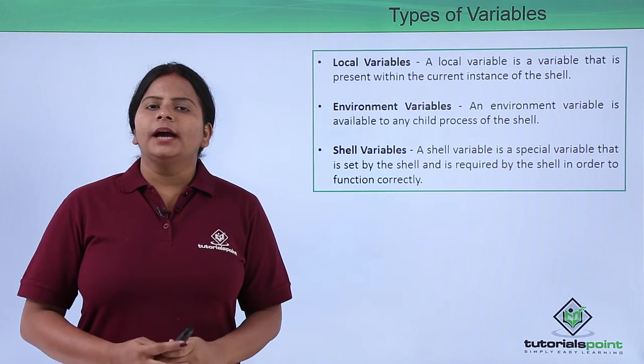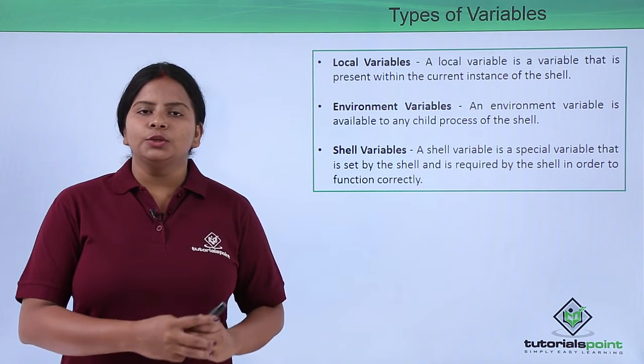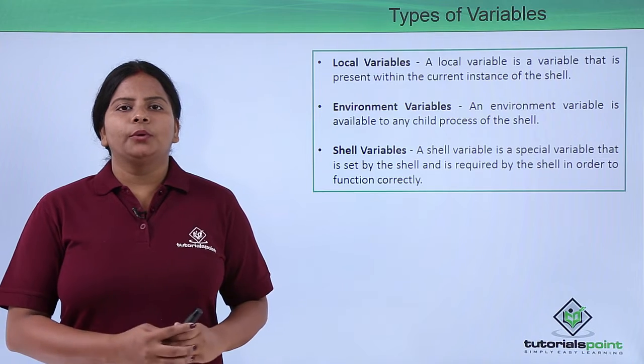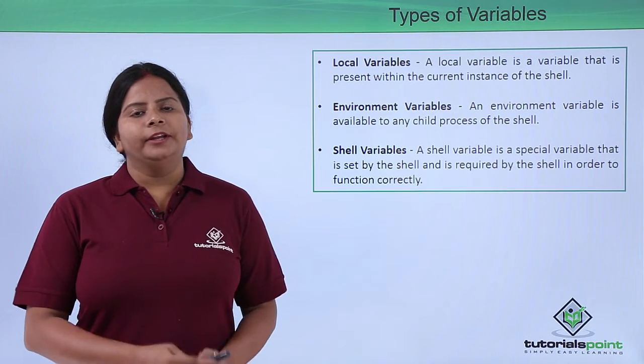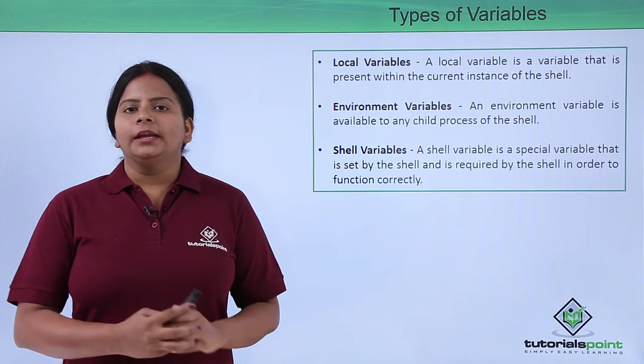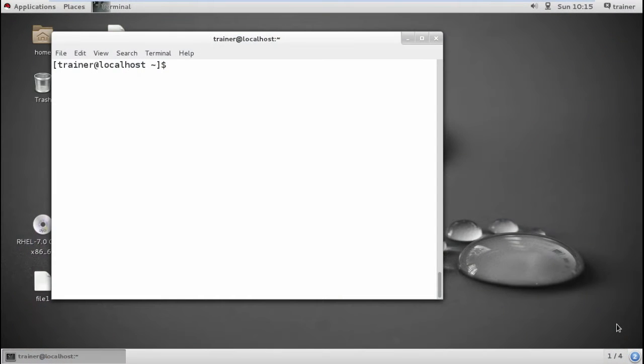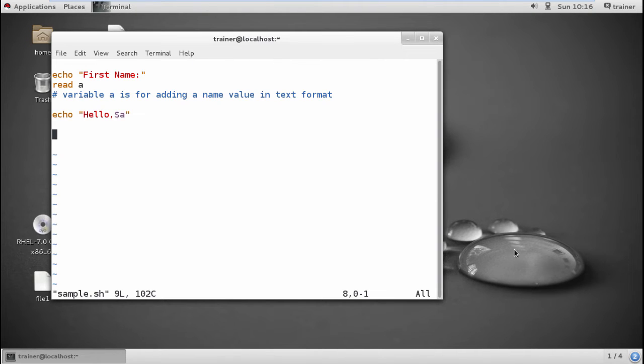Let us see how we generally use these variables in our program and create a program by setting variables in it. So let us begin with our terminal. In our previous video, we saw how we can create a sample file. The sample file which we created contained a variable, which we have already discussed.